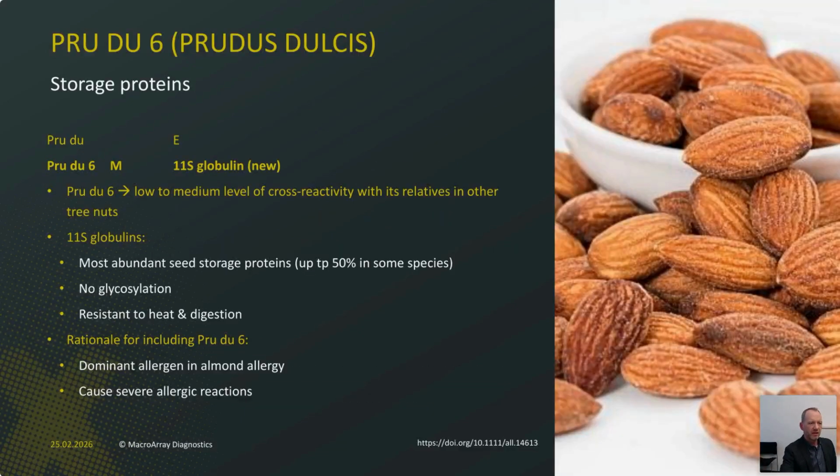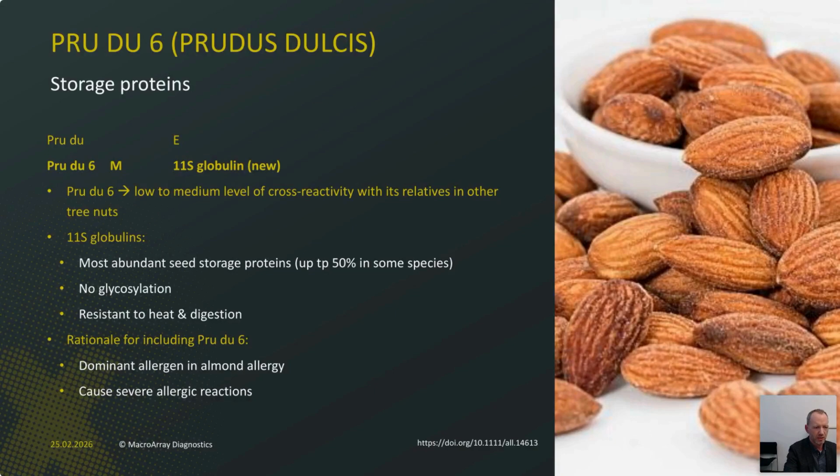Pru du 6 is an 11S globulin from almond. It shows low to medium levels of cross-reactivity with its relatives in other tree nuts. Typically, 11S globulins are the most abundant seed storage protein in nuts. They're not glycosylated, so we don't have the issue of CCD interference, and they are resistant to heat and digestion.